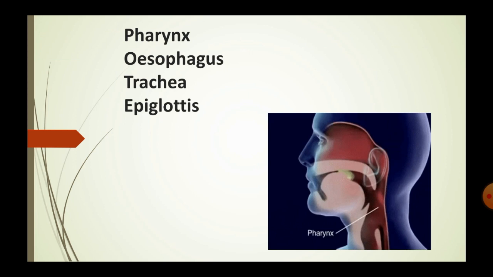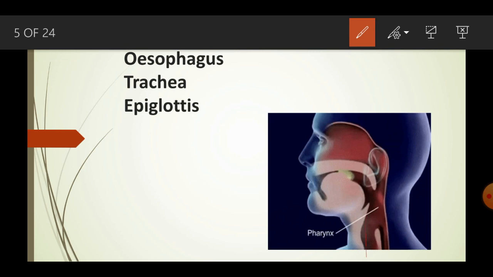The oral cavity leads into a short pharynx which serves as a common passage for both food and air. The esophagus, that is the food pipe, and the trachea, that is the windpipe, both open into the pharynx. A cartilaginous flap known as the epiglottis prevents the entry of food into the glottis.